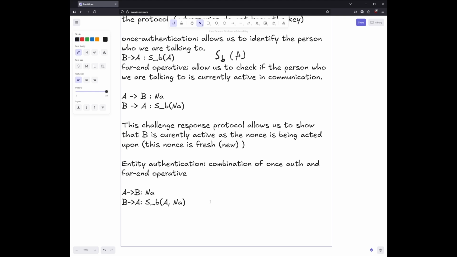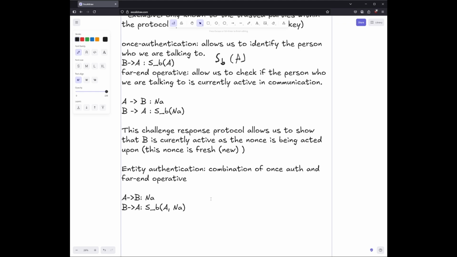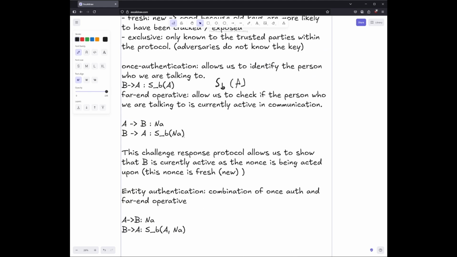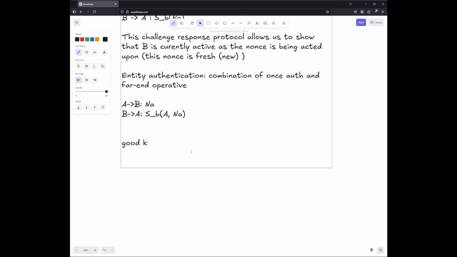And when we combine the other thing as well, a good key, when we combine a good key and entity authentication, we actually are able to then have mutual belief in the key.